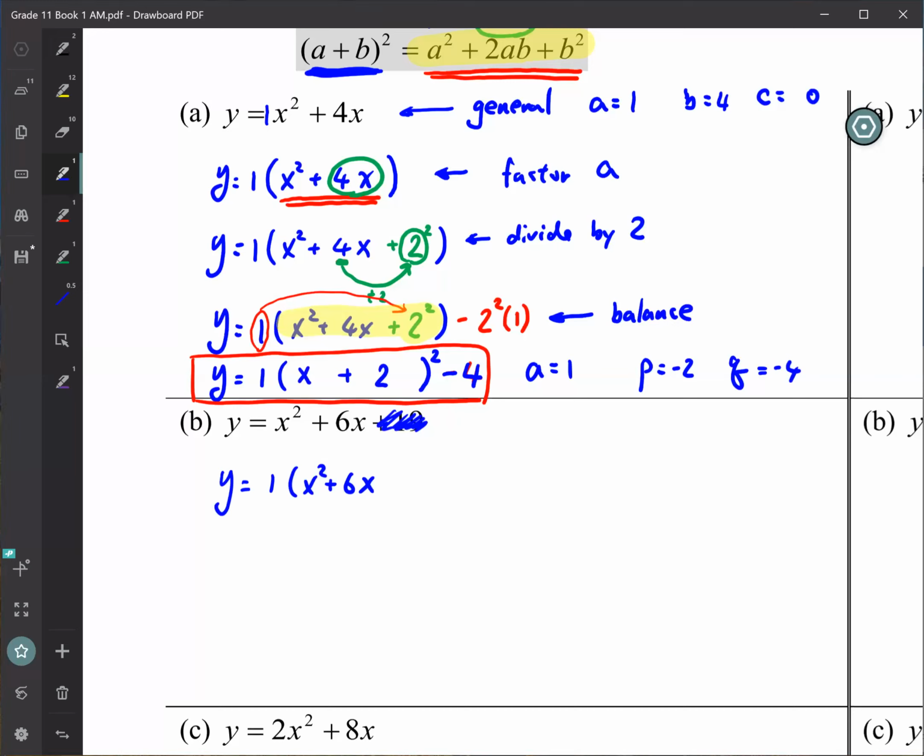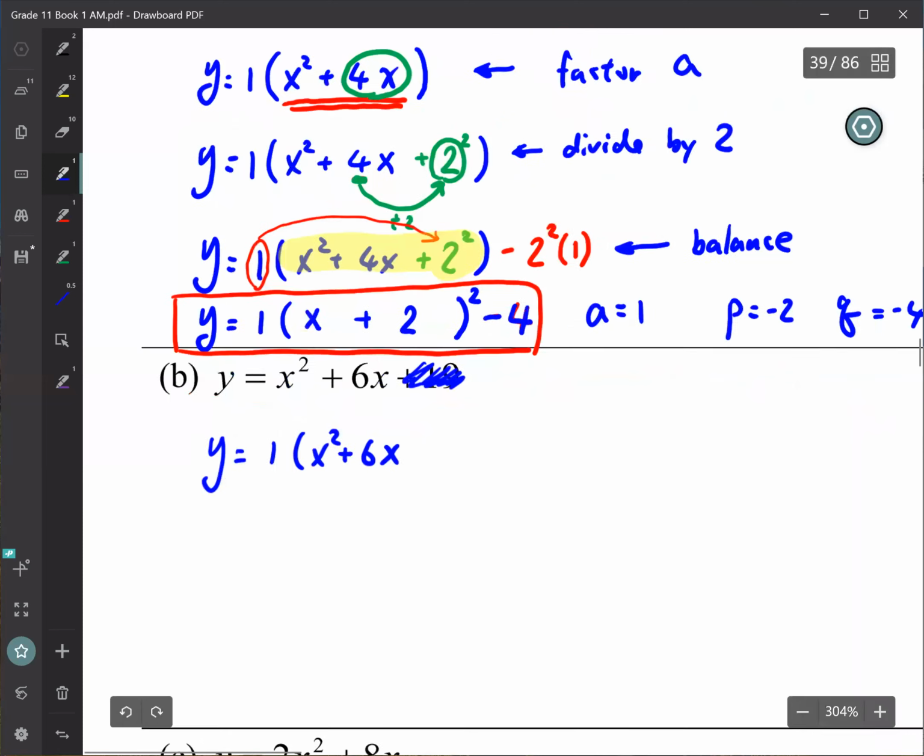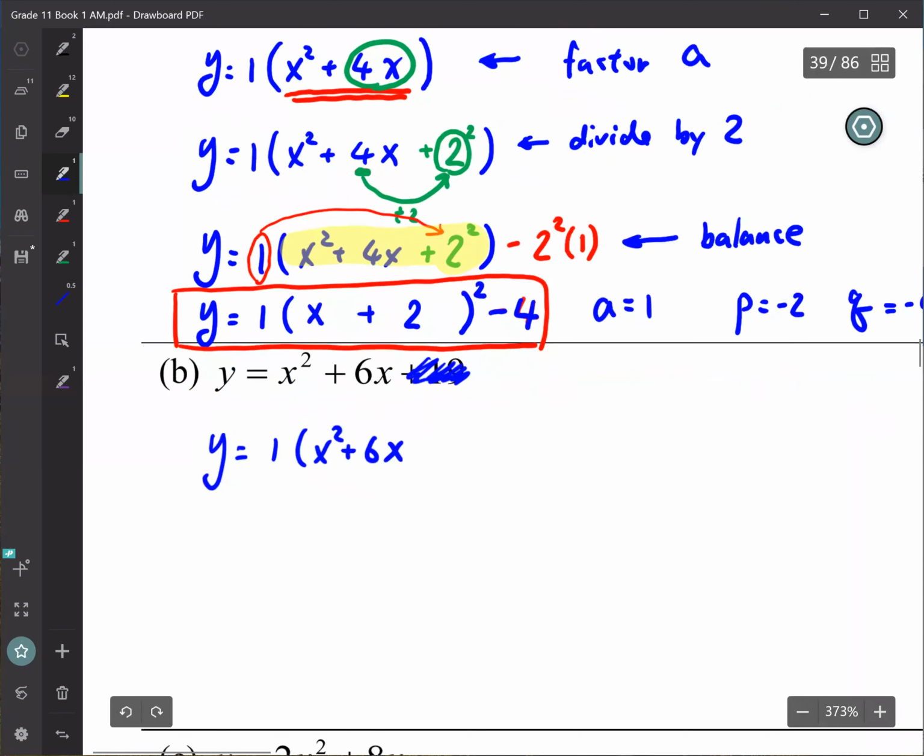Okay, let's have Sarah. Can you tell me what to write after this? X squared plus 6x and then what? Plus 3 squared. Yeah, and then? Minus 3 squared multiplied by 1. Okay, so everyone got the same here. Factor A at the front, divide by 2 here, balance at the back.